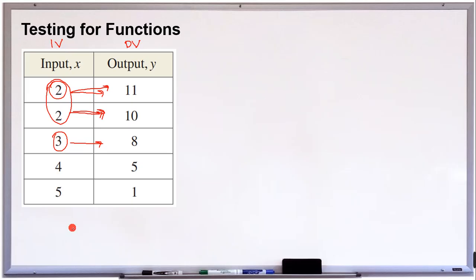So in our first example, we have a one to many relation. For a one to many relation, this is not a function. So therefore, our first example is not a function. It's because for the same input value, that is 2, we have two outputs, and these are 11 and 10. So therefore, this is not a function.